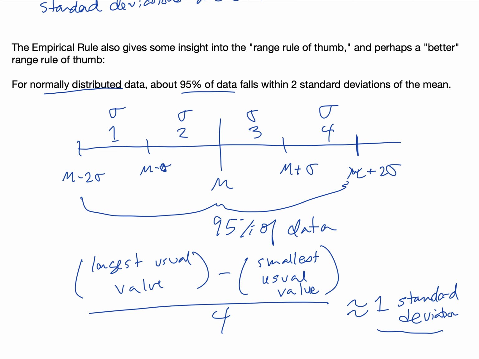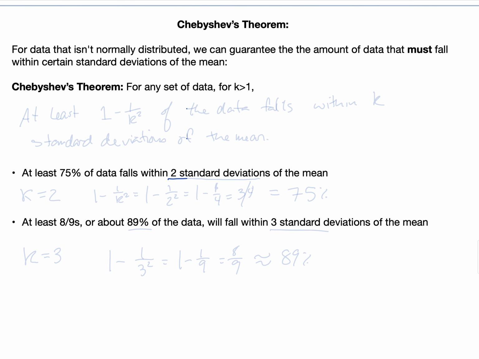Now, if you don't know anything about how the data is distributed, there's still a theorem called Chebyshev's theorem that will tell us how much of the data must fall within a certain number of standard deviations of the mean. This can be proven mathematically. This is a guarantee, but the proof is based on some Calc 3 and 4 understanding, whereas the empirical rule is an approximation. In the empirical rule, we're talking about data that's approximately normally distributed, and about 68% of the data will fall within 1 standard deviation, etc. Here, this is a guarantee that at least this amount of the data must fall within a certain number of standard deviations of the mean.